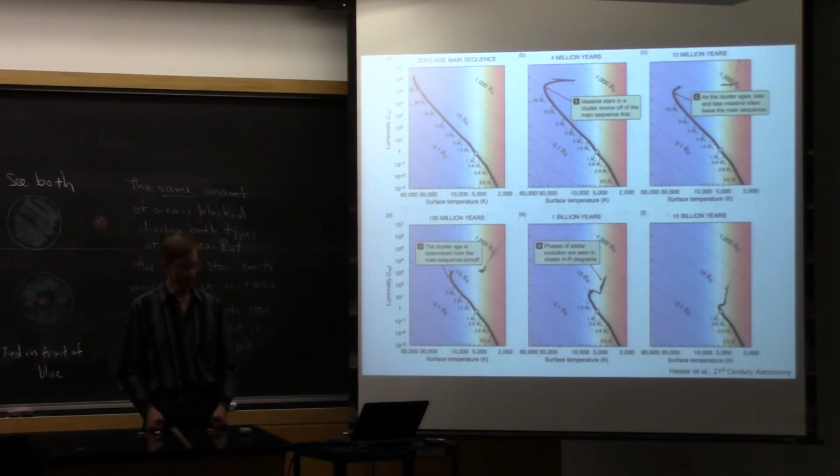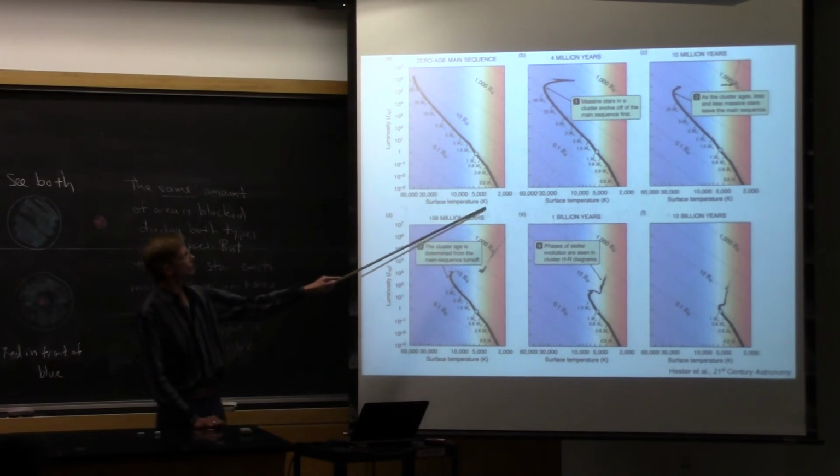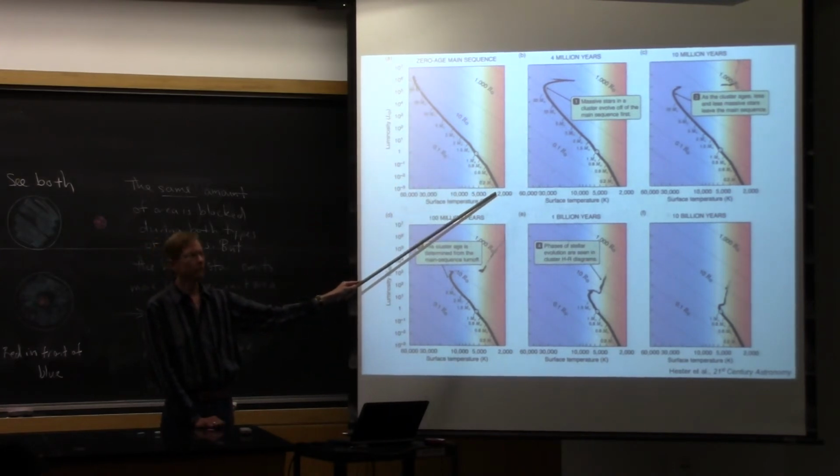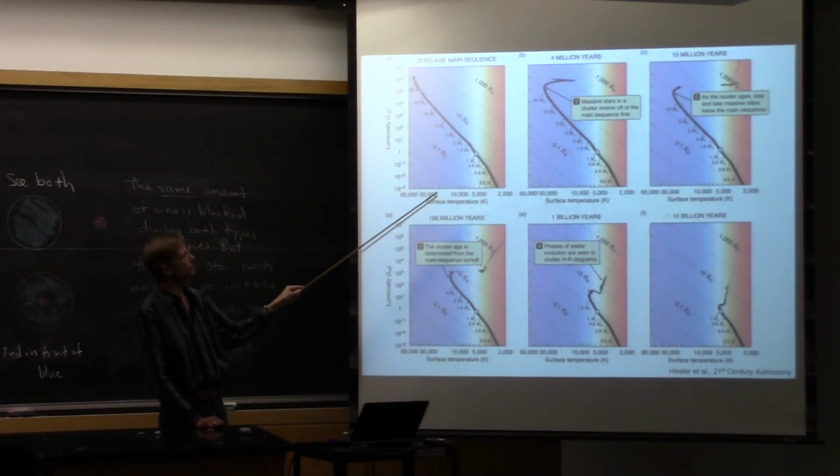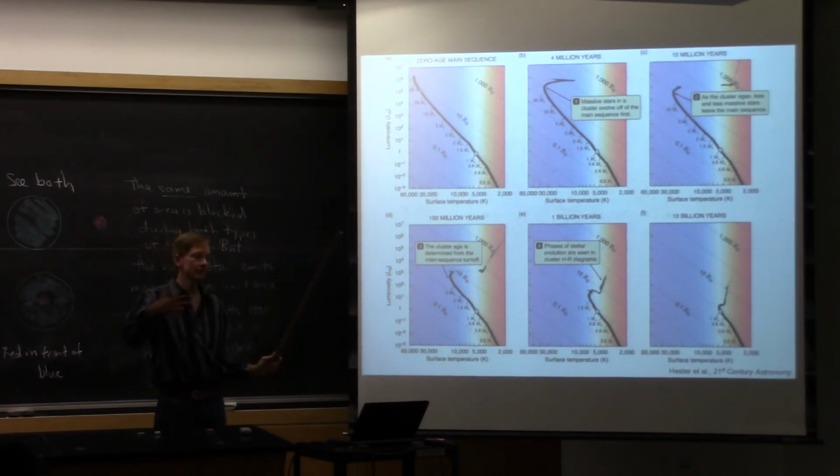So, the idea then is, if you have a very young star cluster, you'll see the entire main sequence if you make an HR diagram for it. You measure the spectral types or surface temperatures of its stars and measure their brightnesses, and they're all the same distance from us because the cluster is much smaller than the distance to us.